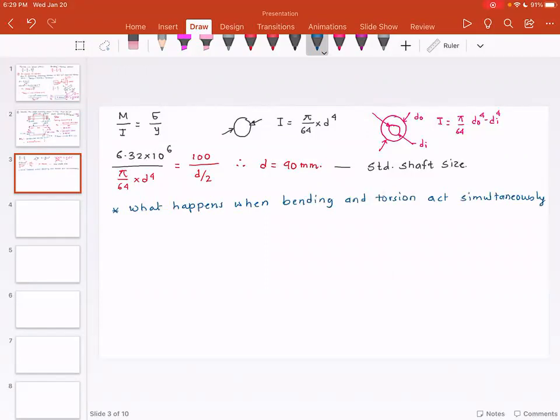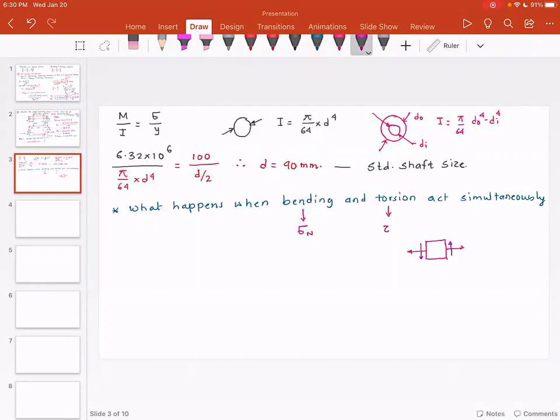So we briefly discussed this question in last class. You have the bending moment that gives rise to the normal stresses. You have twisting moment that gives rise to shear stresses. If you look at an element, the normal stresses are perpendicular to the area and the shear forces are parallel to the area.